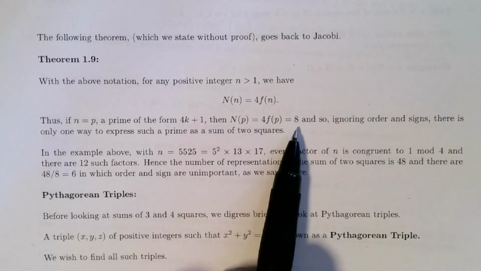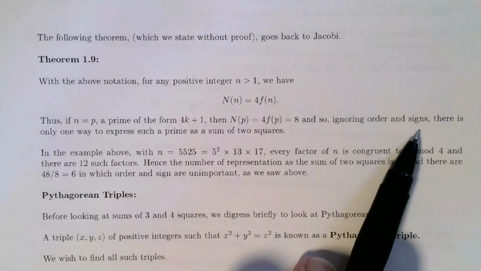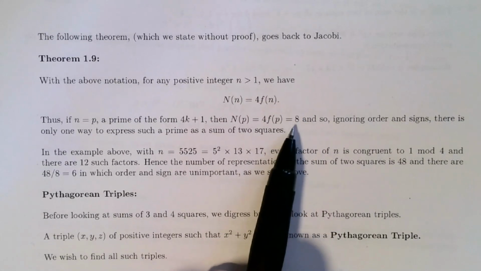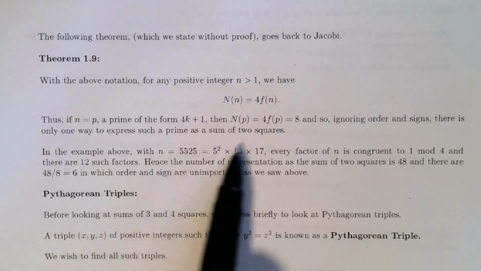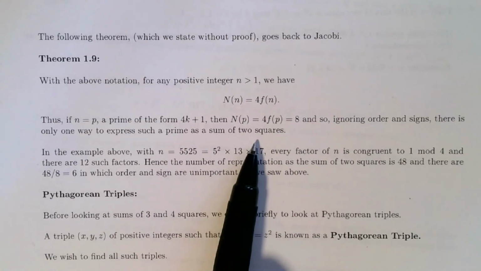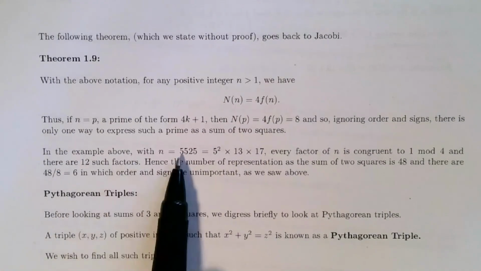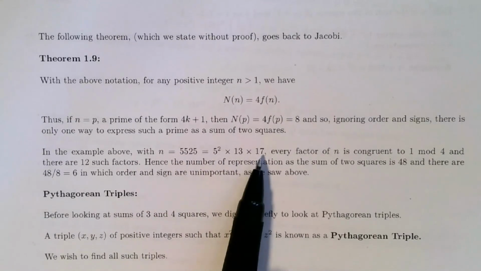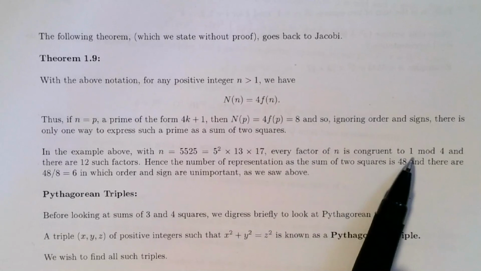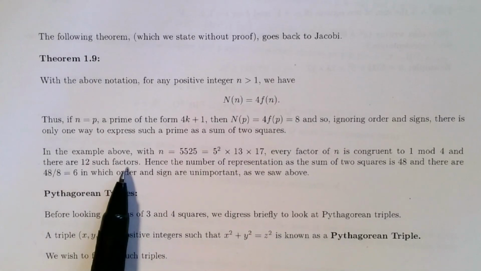That gives me 8. Now that's interesting, because that tells me that, ignoring order and signs, I divide this number by 8, and it tells me there's only one way to express a prime as the sum of two squares if we ignore order and sign. And that follows immediately from this little theorem. So in the example above, when I looked at 5,525, remember we factorised it this way. Every factor of n is congruent to 1 mod 4, and there are going to be 12 such factors.